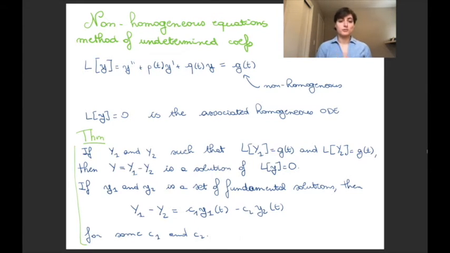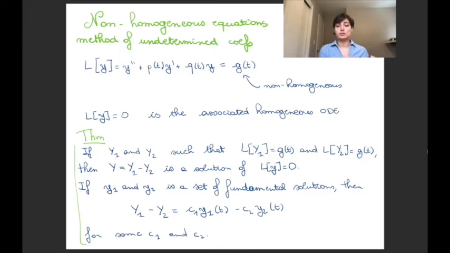There is an important theorem for second-order non-homogeneous equations. If you have two solutions of the same non-homogeneous equation, so L applied to y1 equals g and L applied to y2 is equal to g, then the difference between these two solutions is a solution to the homogeneous ODE.